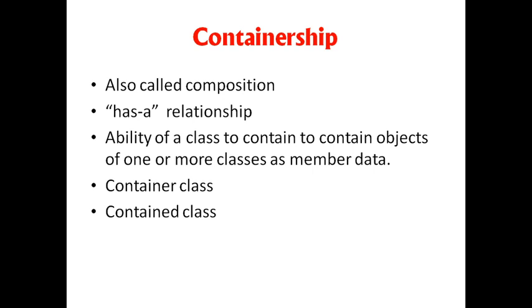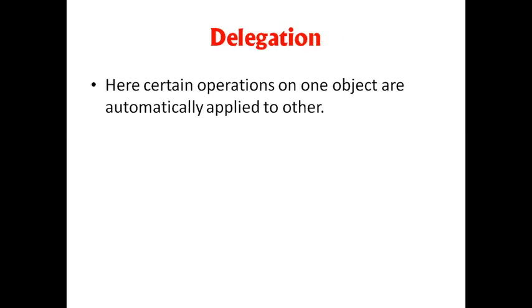It is the ability of a class to contain the objects of one or more classes as member data. Suppose there is class A, and class A can contain the objects of class B. Then class A is called the container class and class B is called the contained class. Okay, this is about containership.